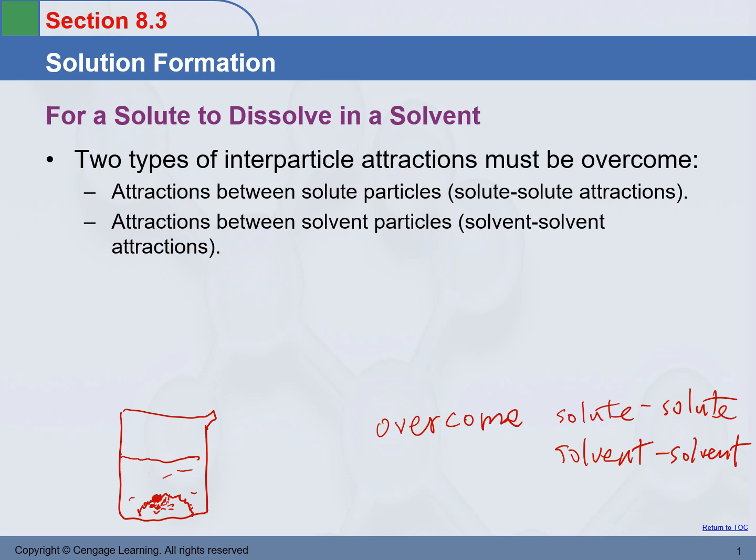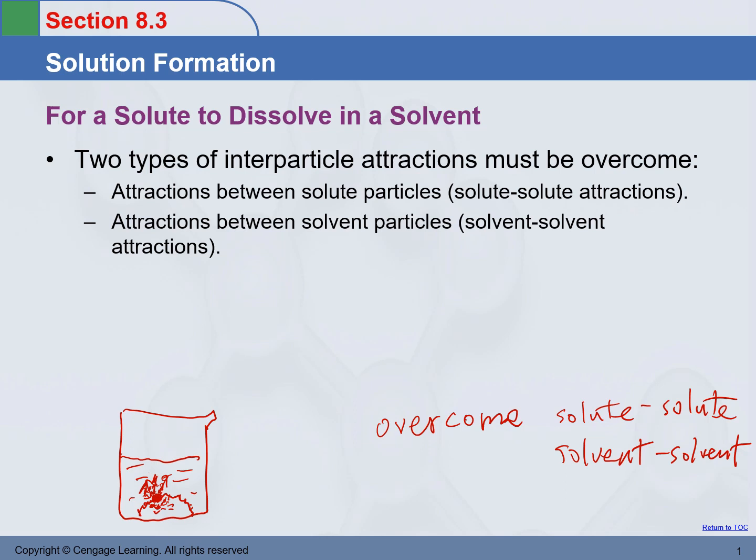Right now, once you add a solvent to the beaker, on the exterior of this particle, there are tons of water molecules. These water molecules will start to interact with this solid particle. If this attraction is strong enough, these water molecules will work together to pull it away from the solid surface.